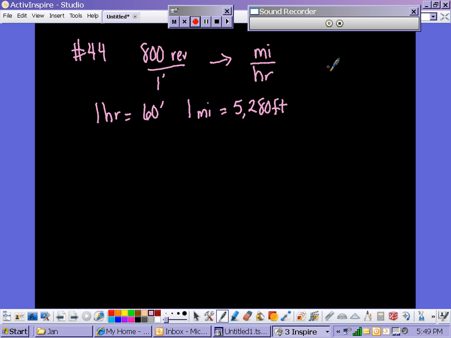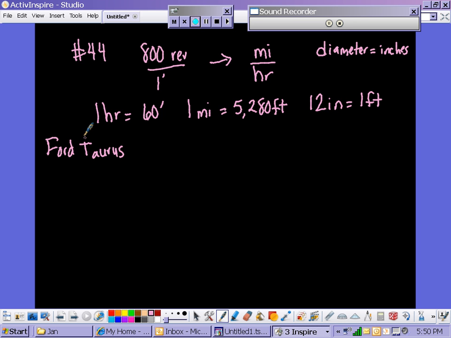They also gave us the diameter, and our diameter is in inches. So that means I need to know that 12 inches equals 1 foot. That way I can get my miles. All right, so we're going to look at the Ford Taurus. Did I leave out a conversion?